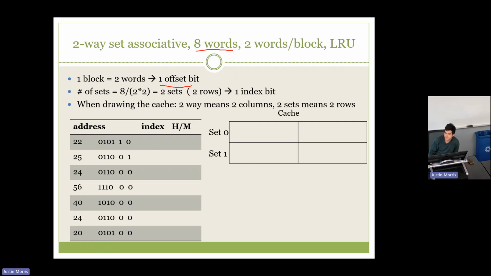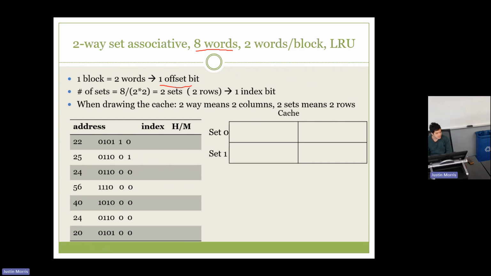Here's our cache, right? Set 0, set 1, where each one of these entries is 2 words. So 1, 2, 3, 4, 5, 6, 7, 8 words. Okay, so it's the same size as the direct-mapped cache.